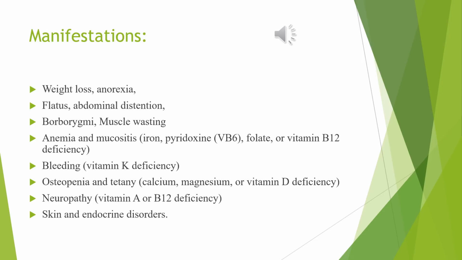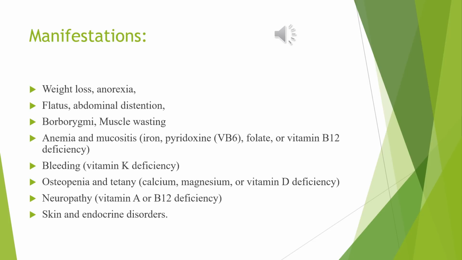Mucositis, which is inflammation of the mucous membranes at the angle of the mouth, can be caused by iron deficiency, folate deficiency, and vitamin B6 or pyridoxine deficiency. Also, deficiency of the fat-soluble vitamins like vitamin K can result in a bleeding tendency, because vitamin K is needed for the coagulation cascade. And the deficiency of vitamin K can result in bleeding.